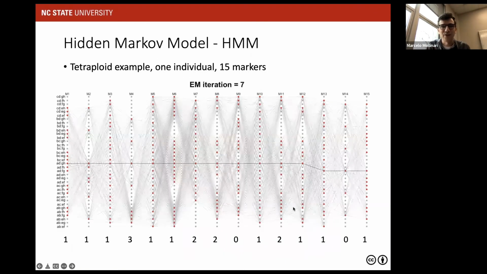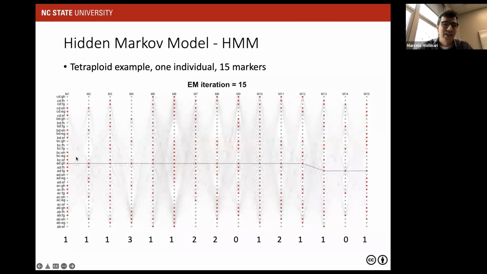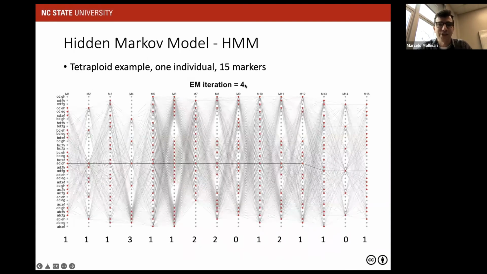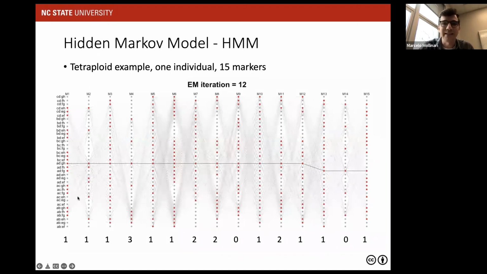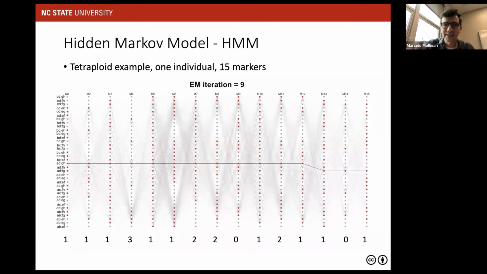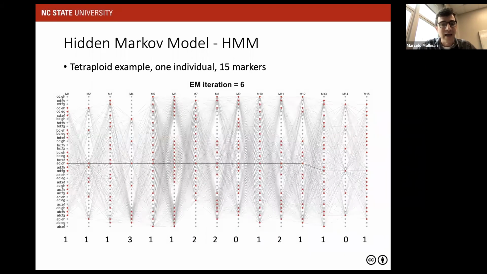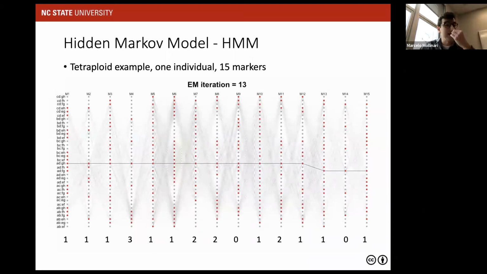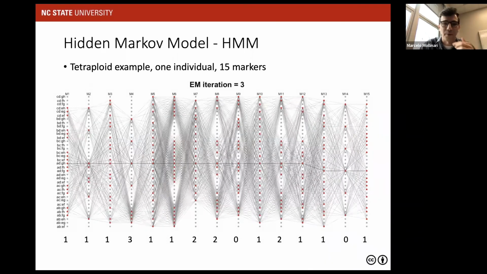This is real, okay? So in the zero iteration here, I have all possible states. When I go through my EM for these 15 markers, for this specific individual, imagine that this is something that the algorithm is doing for all individuals in my population.